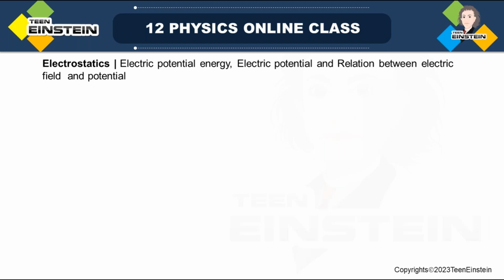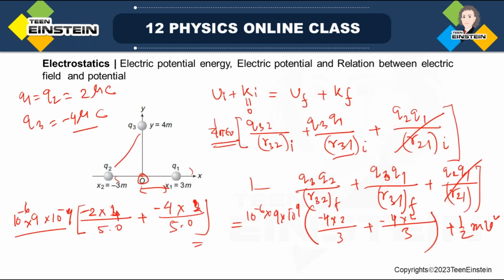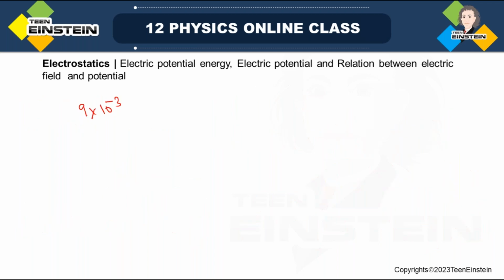Look, if we simplify that, what we get is 9 into 10 to the power 9, sorry, not minus 9, 10 to the power 9, times 10 to the power minus 3 whole, into minus 16 by 5.